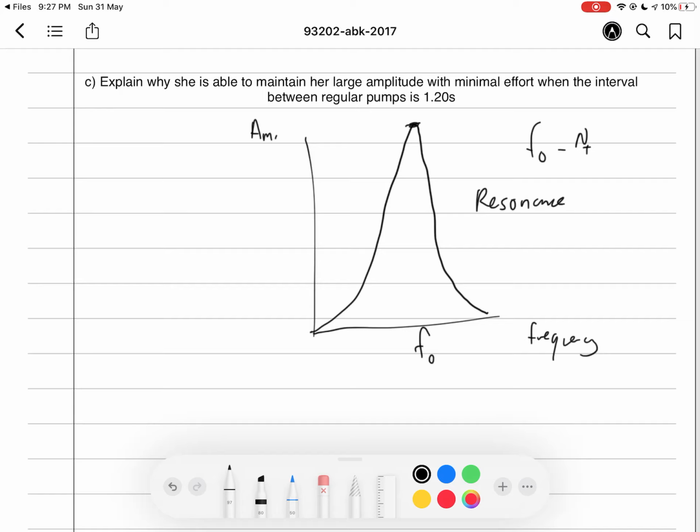Just search up bridge collapse resonance. I think there was a US bridge that collapsed, and somewhere in Japan a bridge collapsed, because the driving force frequency was equal to the resonant frequency. This caused the bridge to oscillate at a very large amplitude until the support forces weren't able to handle that oscillation anymore, and it just collapsed. Similar in this case as well.